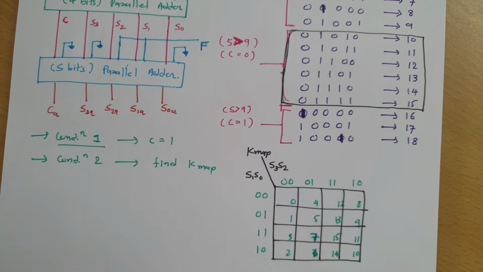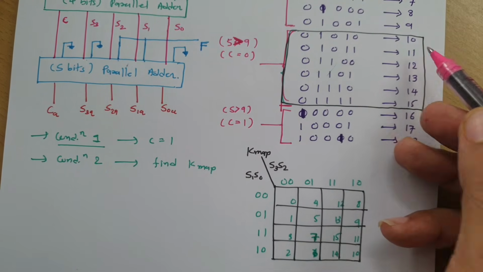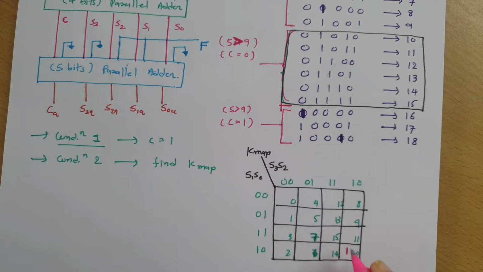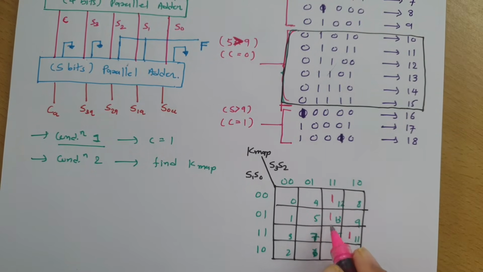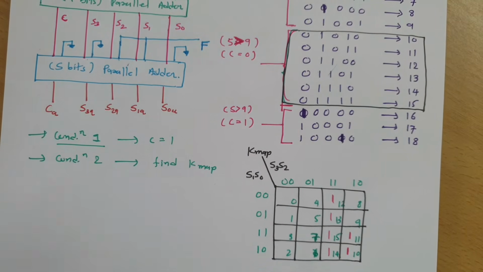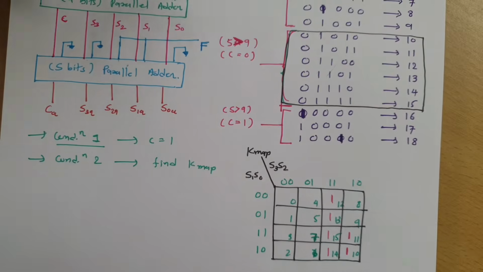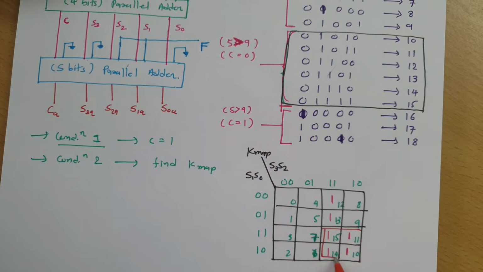Now we need to check for these positions only, which have locations 10, 11, 12, 13, 14, 15. So these ones are there, right? Now we need to simplify these locations. So first I will make this group as a combination.